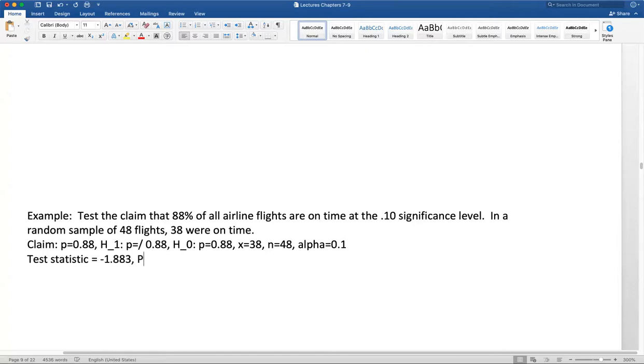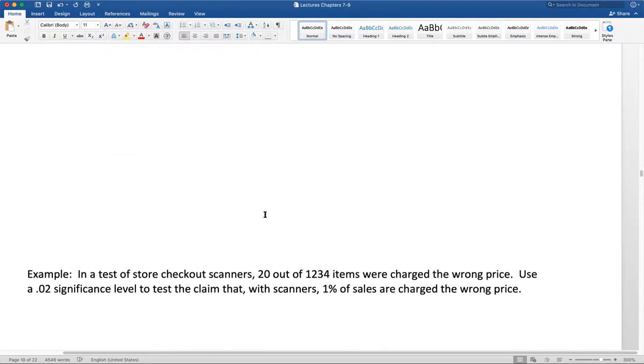The p-value is 0.0596. Anyway, the conclusion: there is sufficient evidence to reject the claim that 88% of all airline flights are on time at the 0.1 significance level. Okay, so that is this section 8.2.